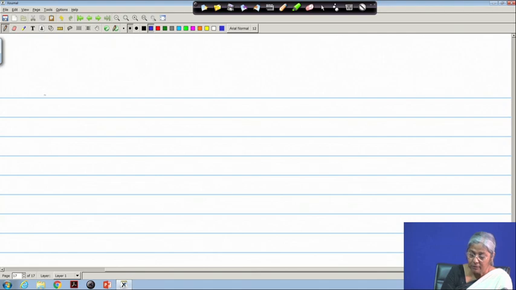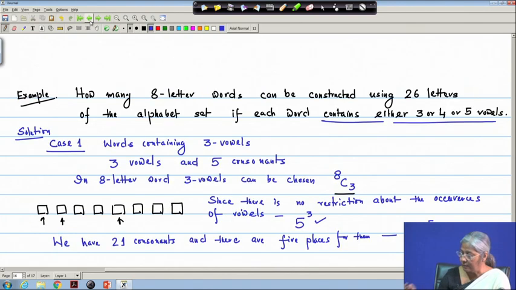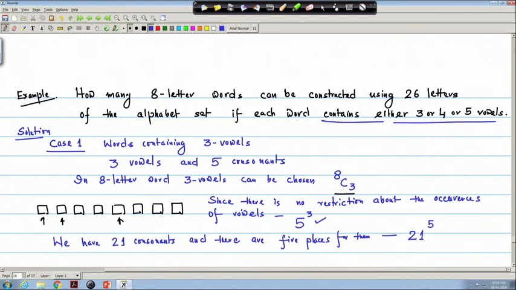So, case 1: for how many ways can we have 3 vowels, or the number of words having 3 vowels? I can write: the number of 8 letter words with 3 vowels is equal to 8C3, the ways I can put the 3 vowels.